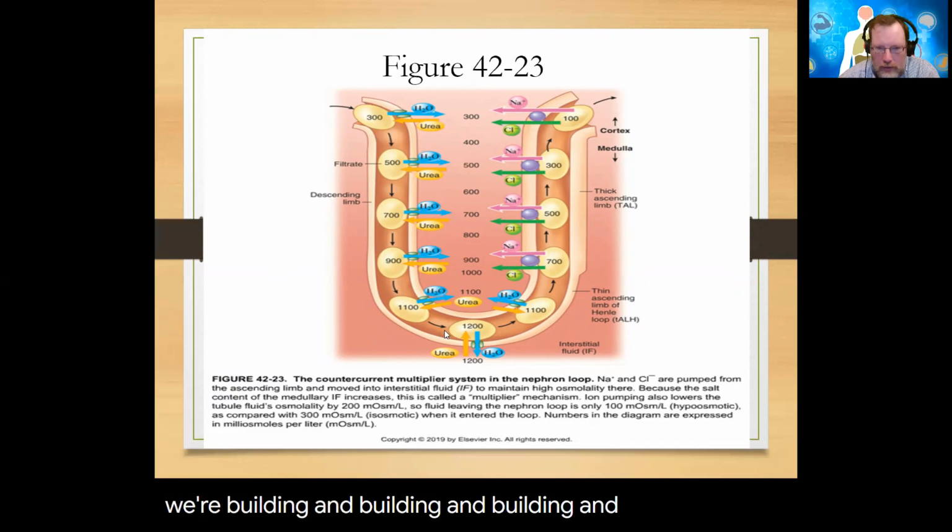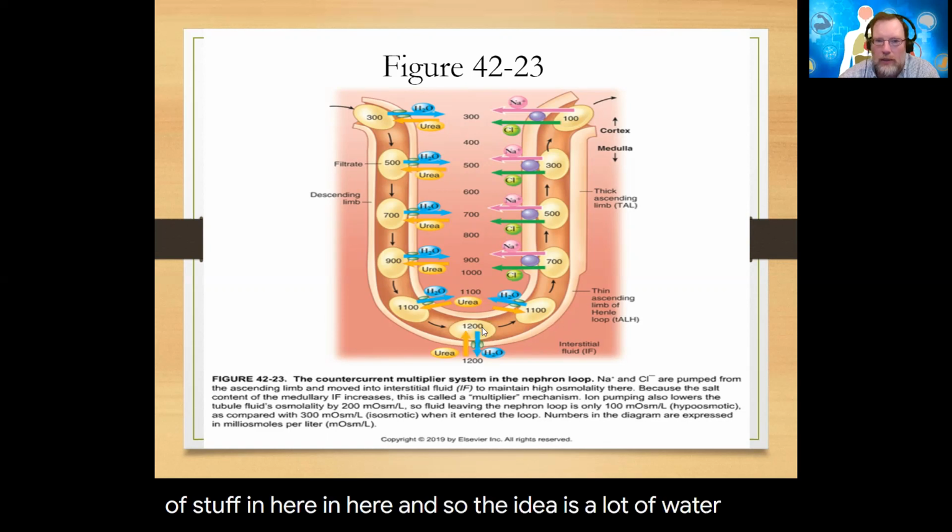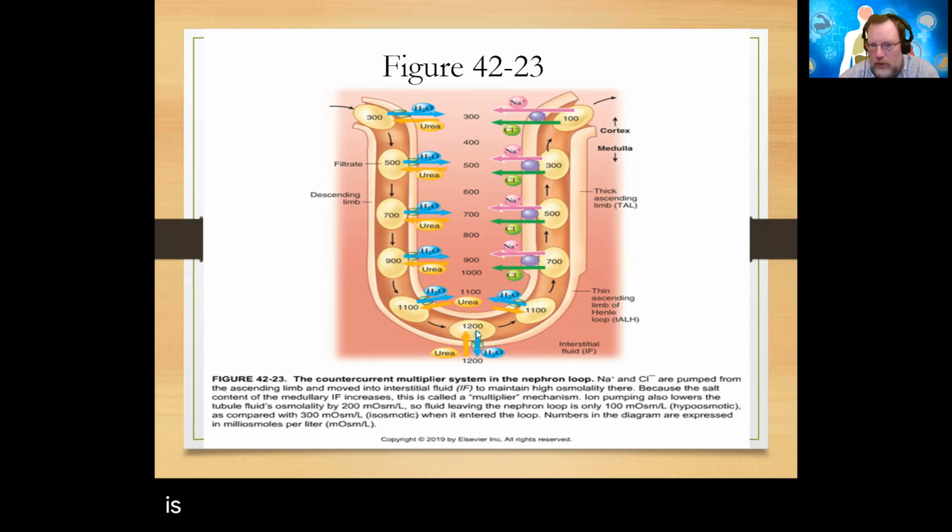And notice as we get to a certain level, the osmolarity of the filtrate is really high. So what that means is there's a lot of stuff in here. And so the idea is we're potentially going to end up taking on a bunch of water over here.